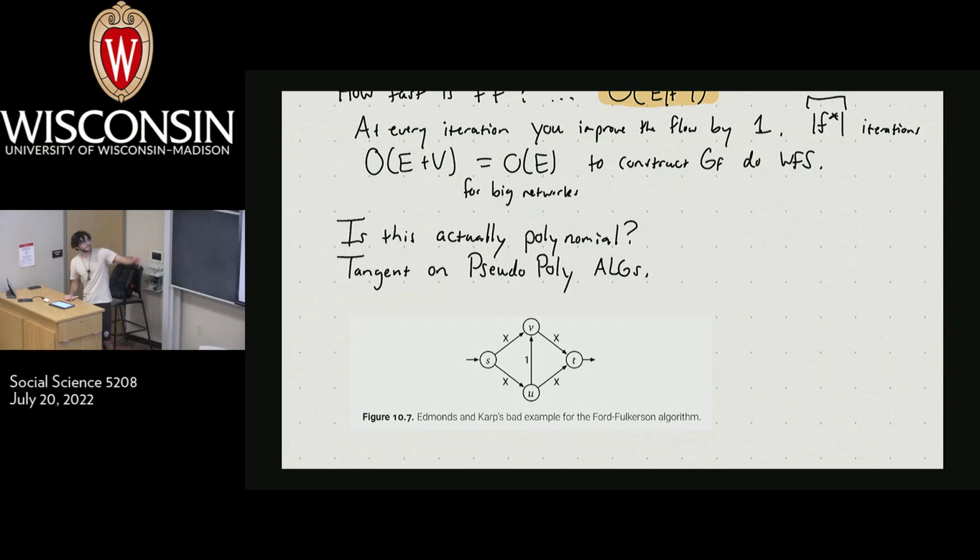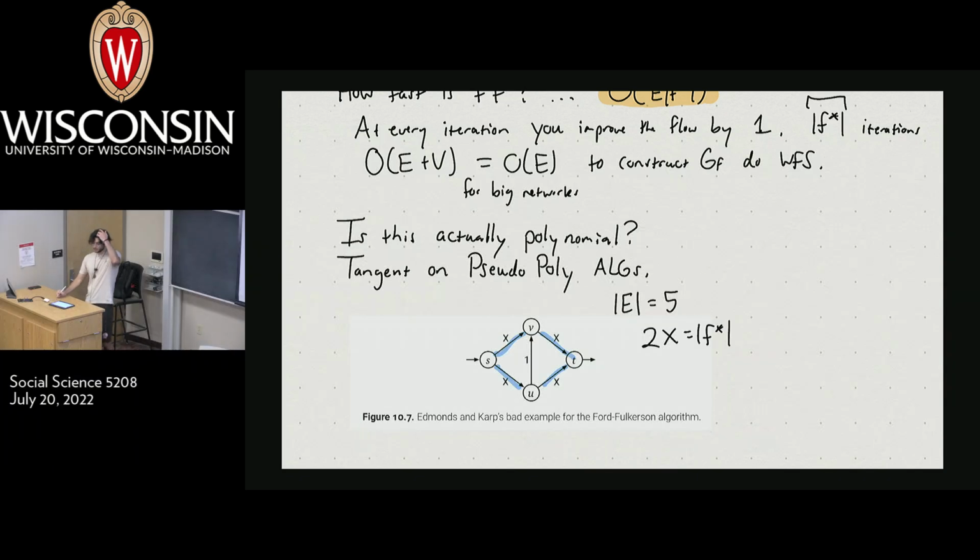So here the size of the network, in particular the number of edges, is 5. It's very small. And what's the value of the max flow? It's going to be 2 times x, because you could just send flow here and here. This is the size of F star.